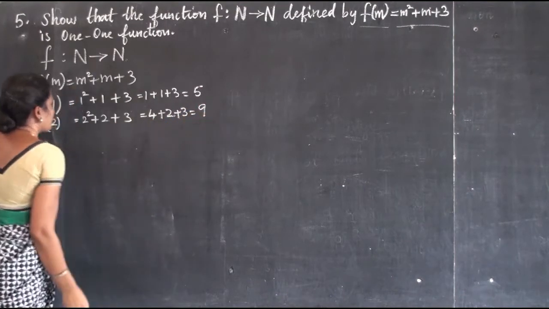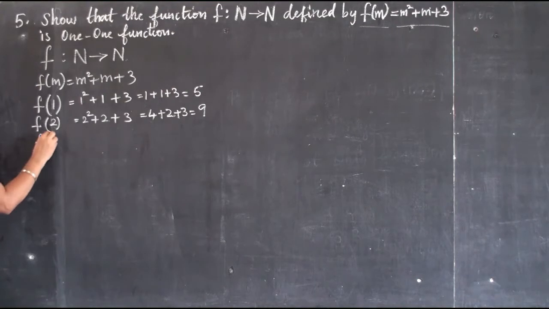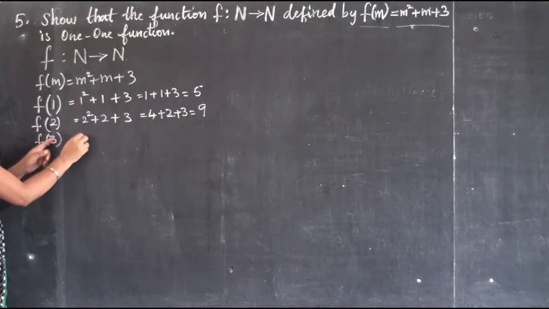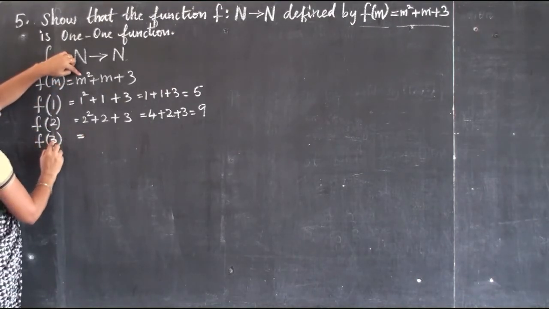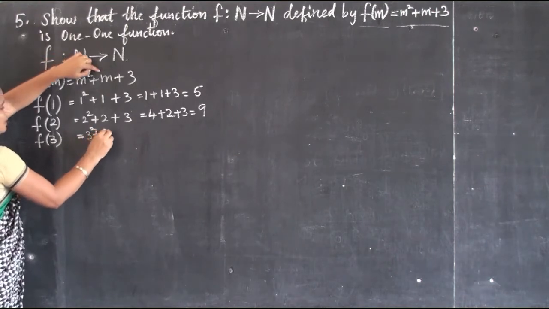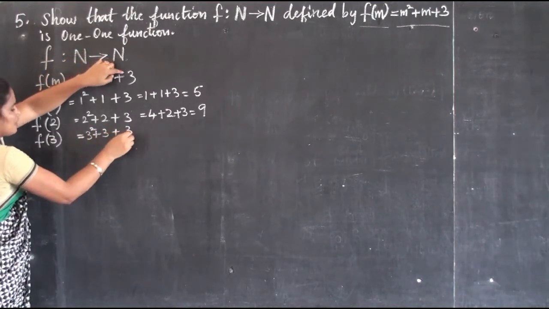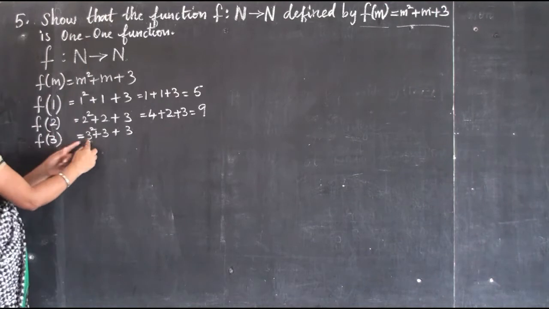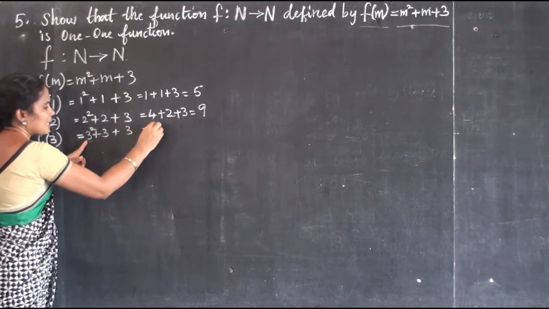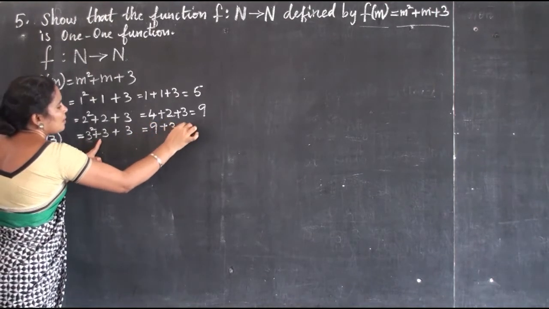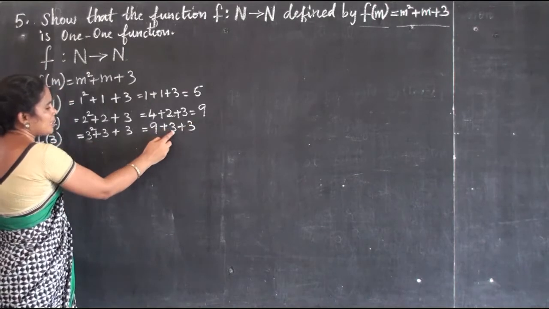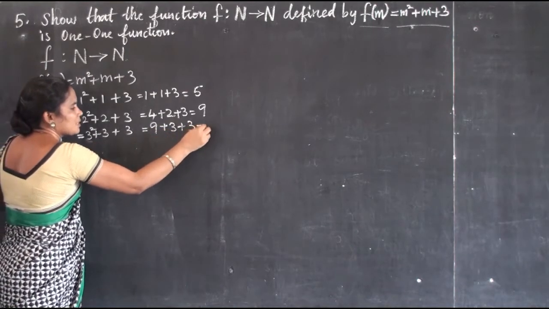And again take 3: 3 square plus 3 plus 3. 3 into 3 is 9 plus 3 plus 3. 9 plus 3 is 12, 12 plus 3 is 15.